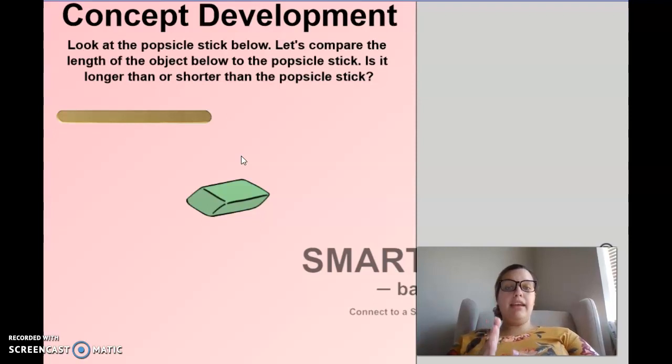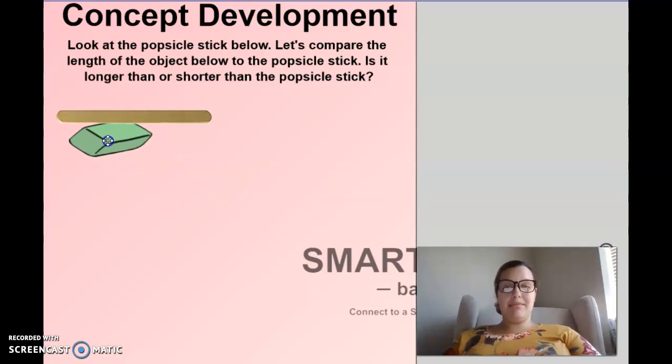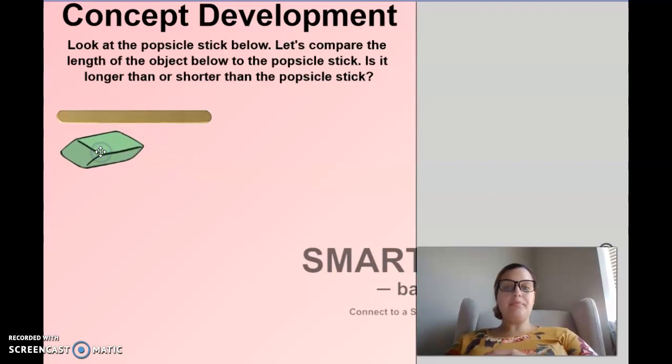The blank is longer than the blank. We have to line them up first. You're right. If we're trying to figure out the blank is longer, which is longer? The popsicle stick is longer than the eraser. Good job.